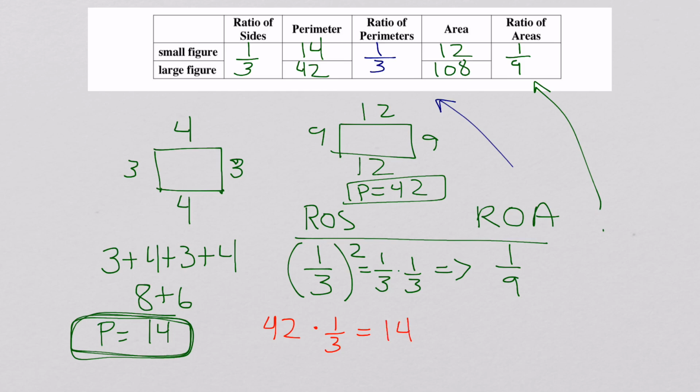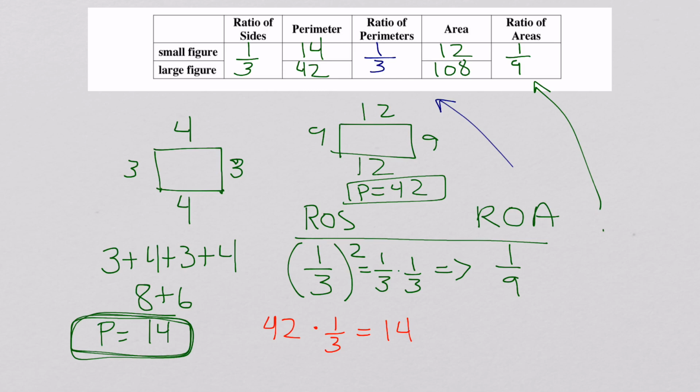So, as you can see, the ratio of sides, ratio of perimeters, and ratio of areas have a relationship. The ratio of sides and ratio of perimeters are the same, but the ratio of sides to the ratio of area is R squared, okay?